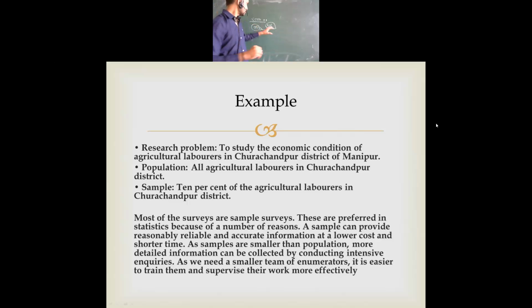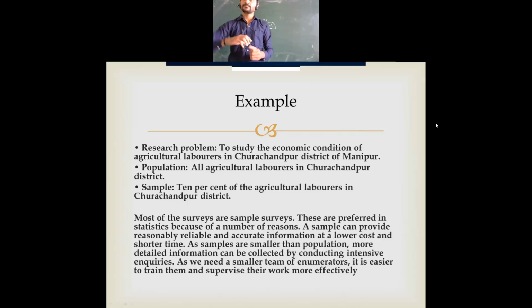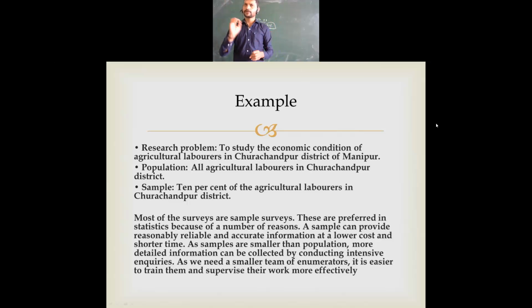We have taken 10% of the population as a sample, and we are going to collect the information in detailed format. Whatever information you require, you can conduct sensitive inquiries and collect it. This is one example, provided in the book. Then let's see the next one.